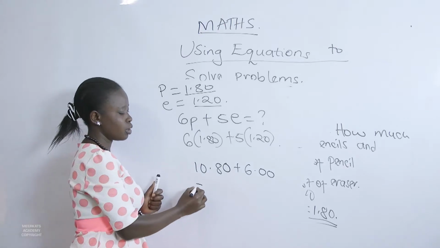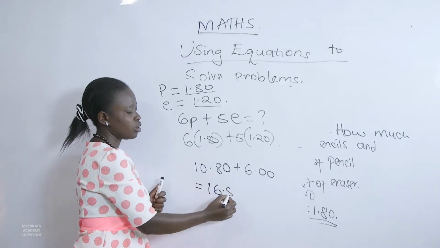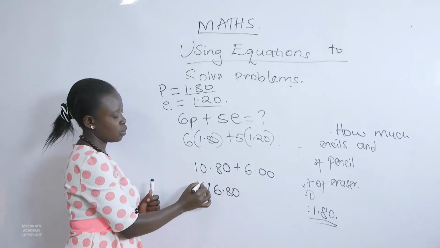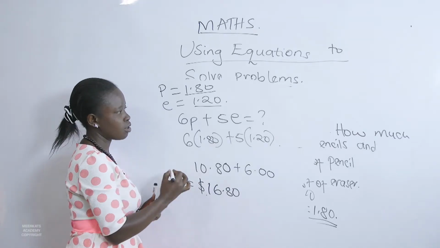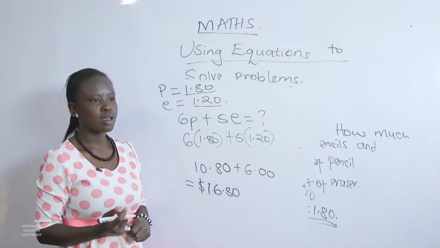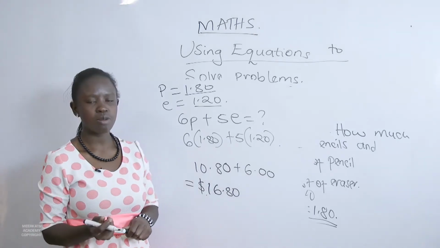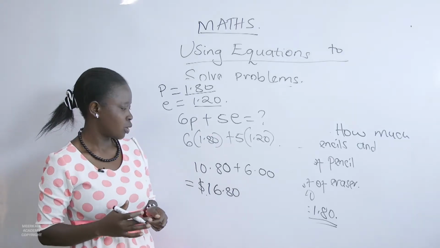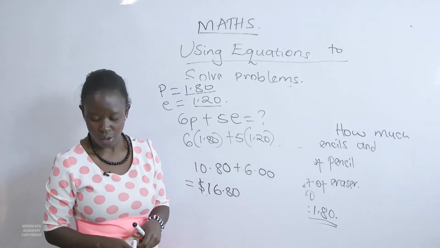When we add, we get a total of 16.80. And remember our units, we have dollars. So 6 pencils and 5 erasers will cost Carl a total of $16.80.